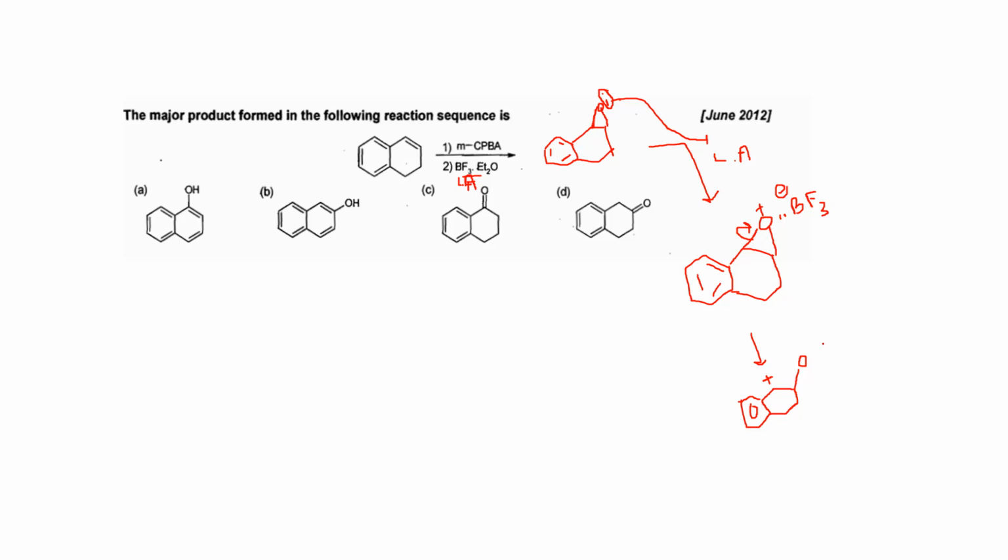Now as there is a proton available here, this goes here and forms this enol type of system.